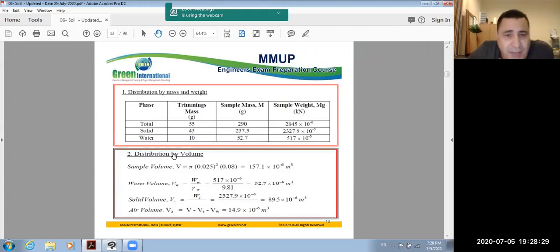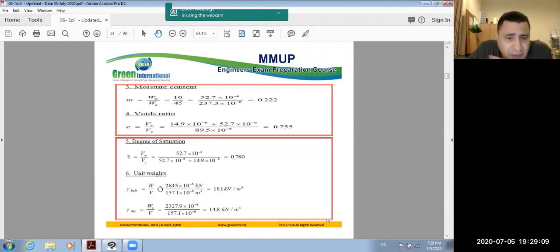The distribution by mass and weight will give you total, solid and water, with the mass in grams and the sample weight in kilonewtons. Try to apply the formulas which you already have here as a study, and don't go for deep details. If you would like to skip, skip. If you want to memorize more, you can, to enhance your calculation skills. Don't worry, it will not take much time.